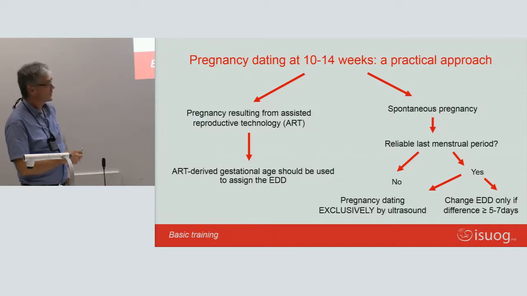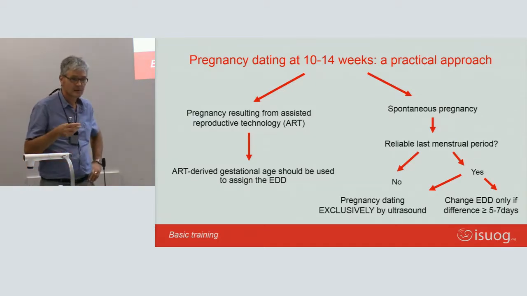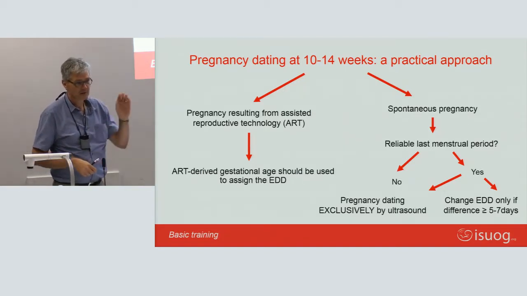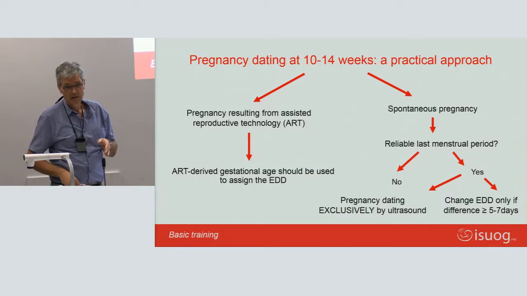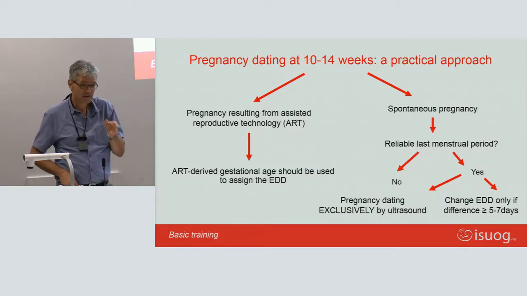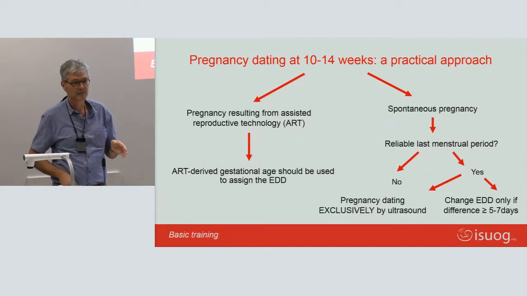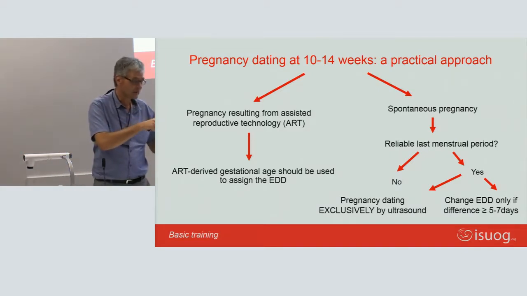So again, determining the gestational age, I think we've got a nice algorithm on the next slide: if this woman is pregnant after assisted reproductive technology, and that's what Amos has been talking about, someone who had her uterine septum cut out and is still not pregnant, and now she gets ICSI, she can probably tell you to the second how far pregnant she is. And our infertility colleagues get it wrong, because they know to the second when the pregnancy was conceived.